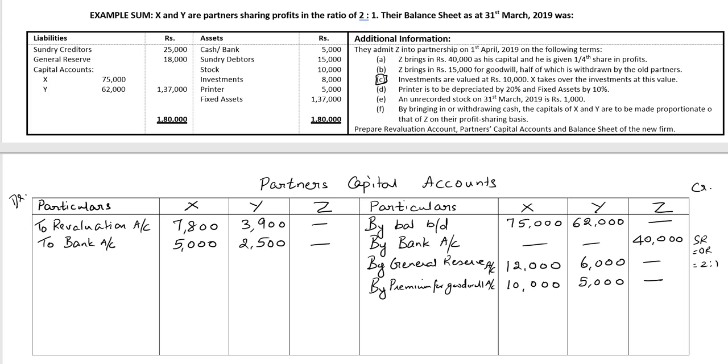So the journal entry is X capital account to investments account. So to investments account, 10,000 taken over by partner X. All the entries are done.